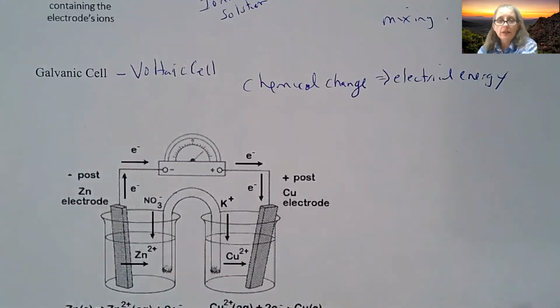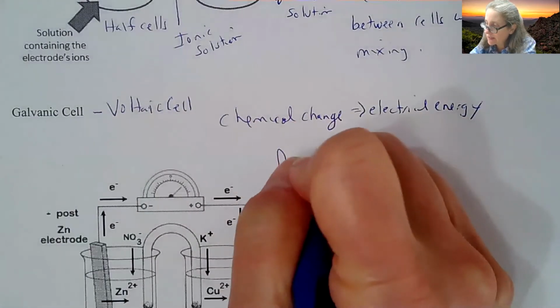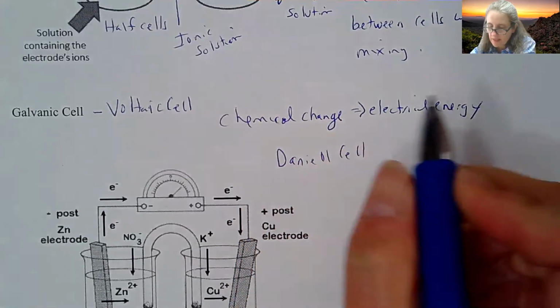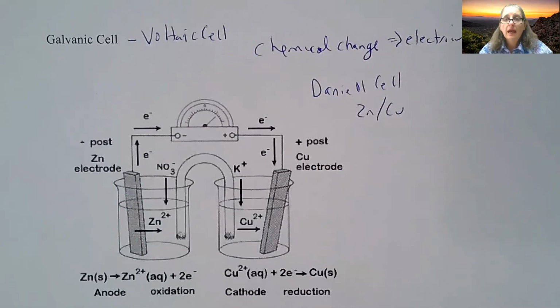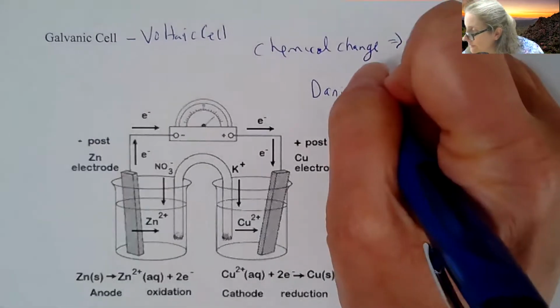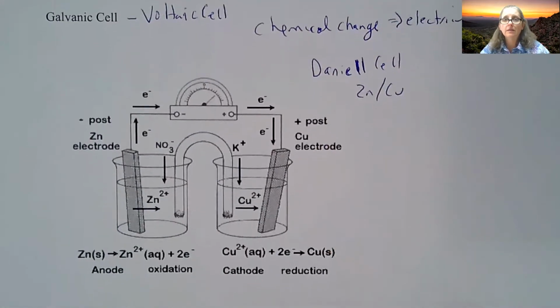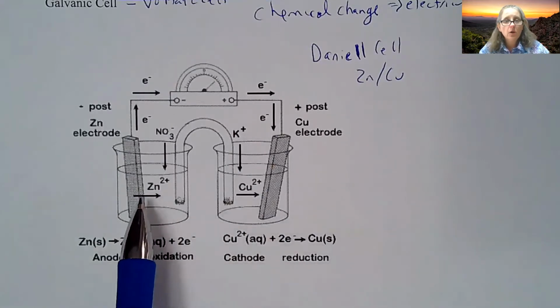The picture you're going to see down here is a specific galvanic cell. It is sometimes called the Daniell cell, and that is because we are using zinc and copper. I do have a set of videos for you to watch on the zinc and copper, because it's a pretty famous galvanic cell. Over here on the left, I have a piece of zinc.